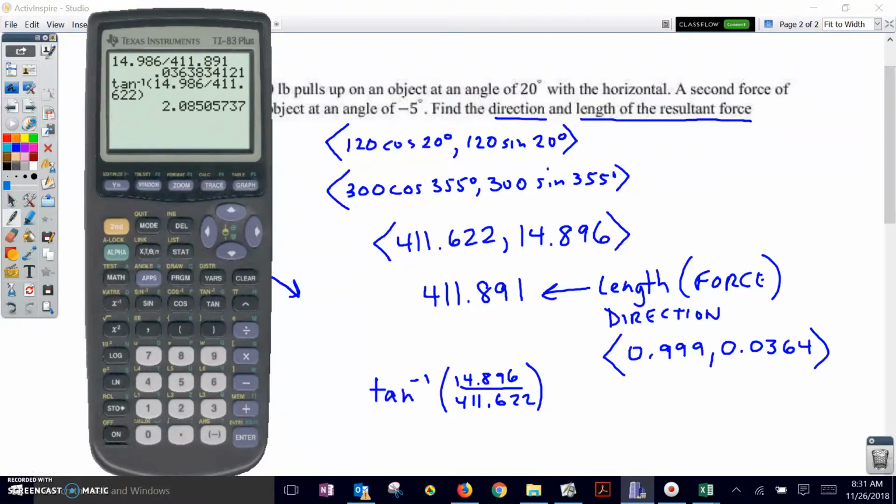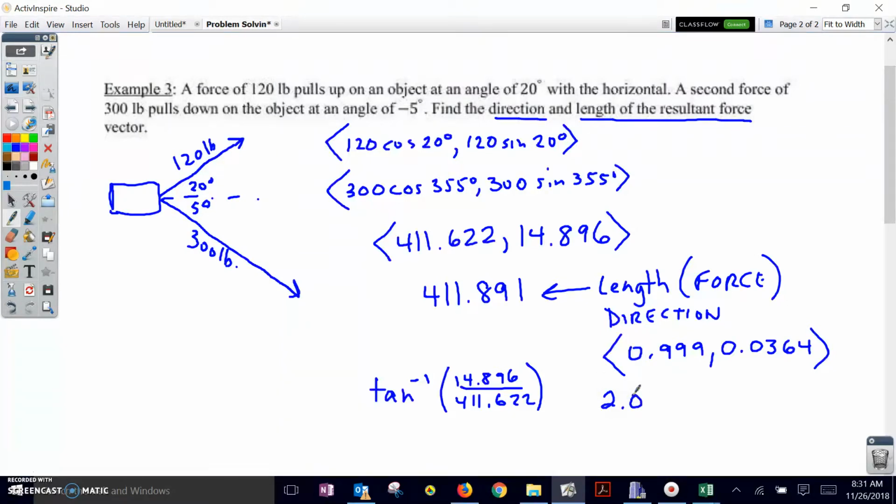So the direction of these applied forces is 2.085 degrees above the horizontal. And so the resultant vector of the combination of these two forces runs something like this, maybe a little bit longer. But it runs with a force of 411.891 pounds, and it runs 2.085 degrees above the horizontal.